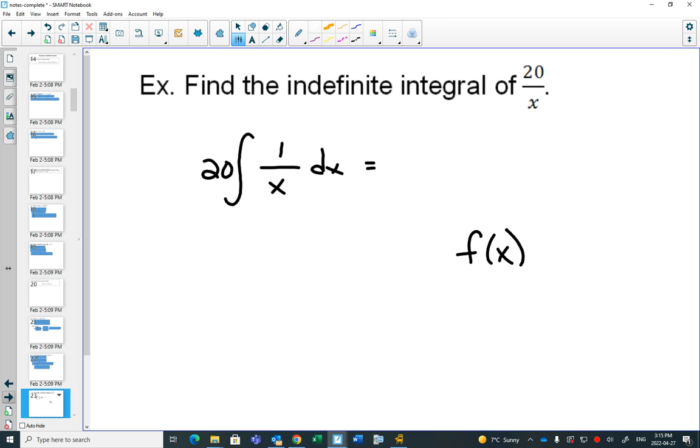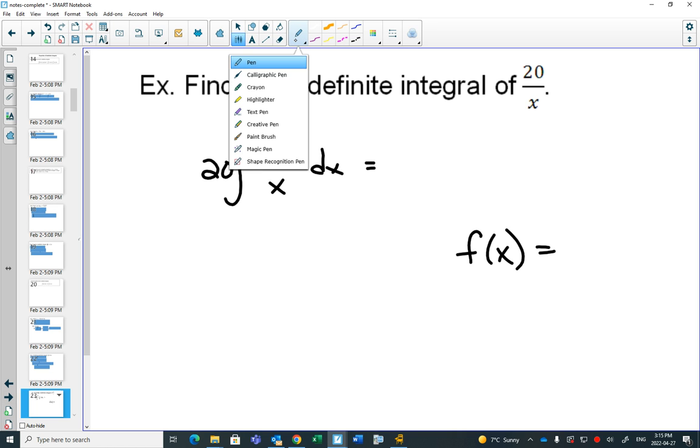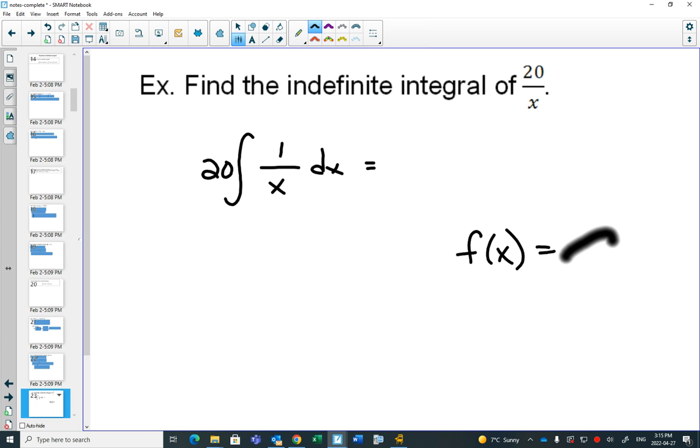Thinking back of derivatives, I have f prime of x equals, and unfortunately there was an ink blot, so you couldn't really see it very well. But I did my work, and I said, oh yeah, I remember the rule for the derivative.